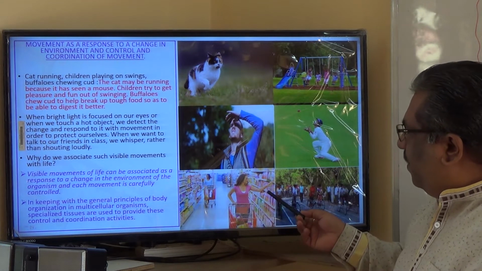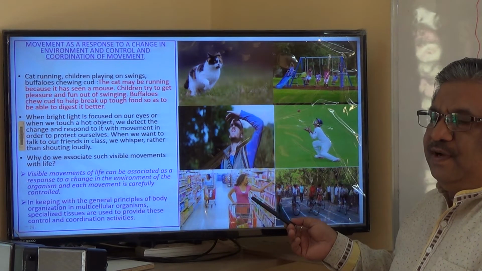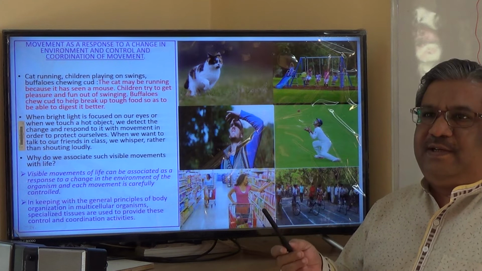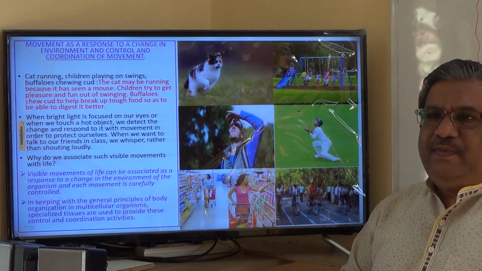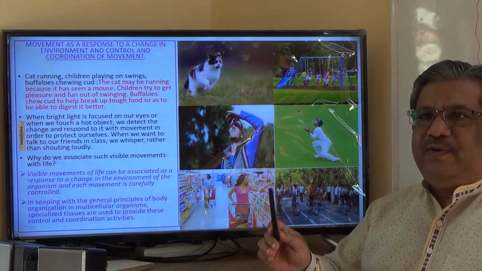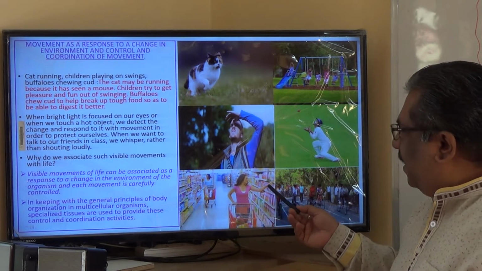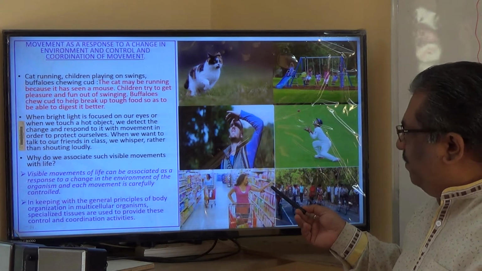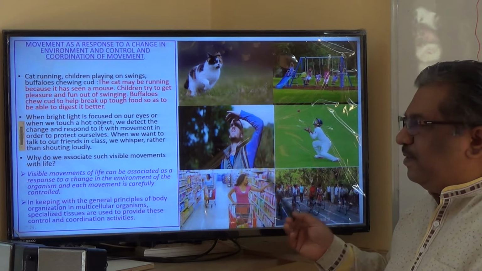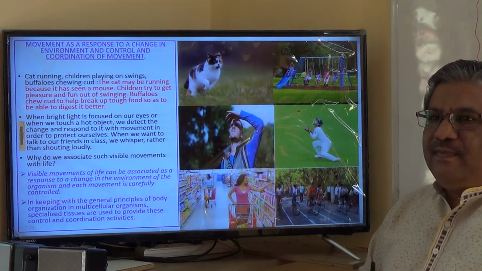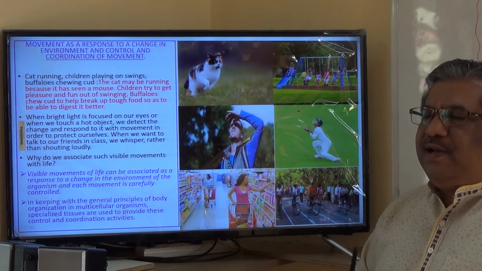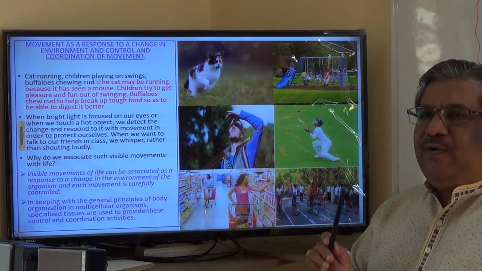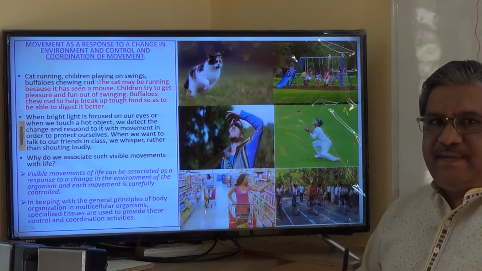In order to pick up a right item, first eyes should be able to detect what it is that we require. The hands should move to that particular item and the item needs to be picked up and put back into the basket. So there is definitely control over the hands.